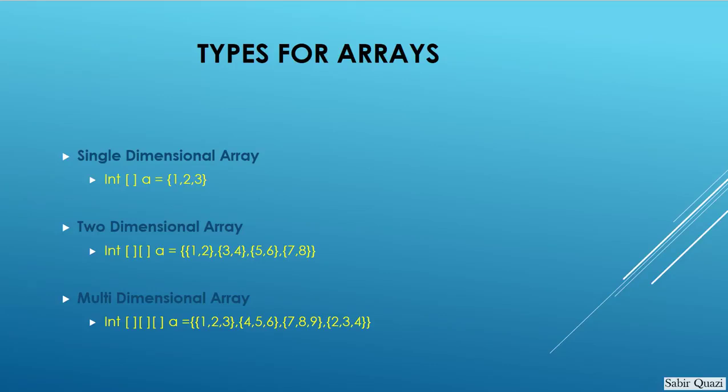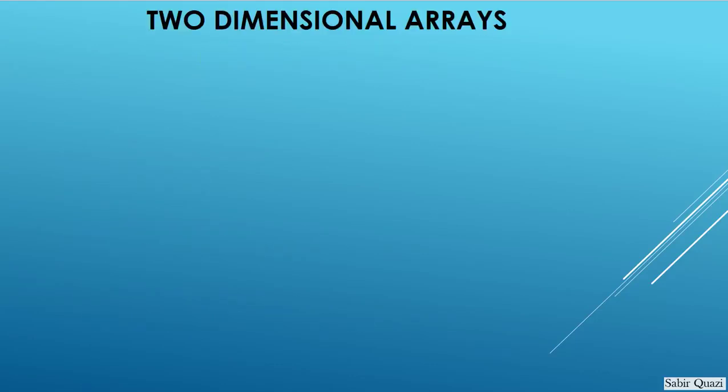A single-dimensional array holds a single value for every element. Every element will have a single value. A two-dimensional array is an array of arrays, and a multi-dimensional array is an array of array of arrays.